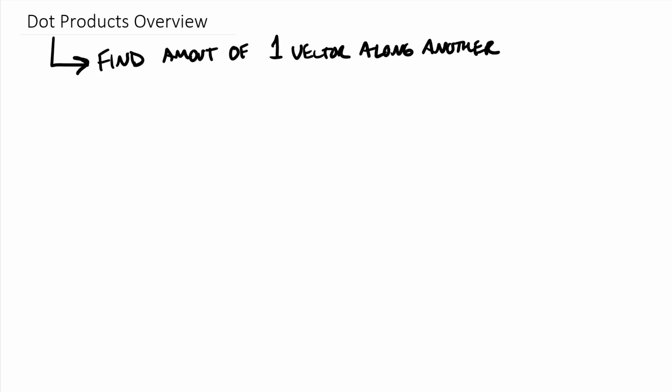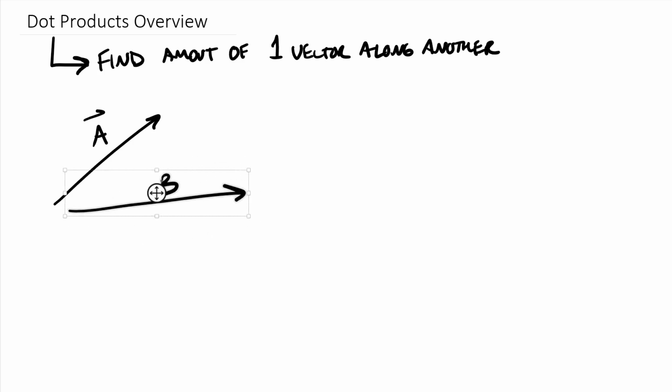And so if we have a couple of vectors, let's say we have vector A and vector B. Now, if we're going to take a dot product of these vectors, it's useful to actually move them tail to tail. Okay, so let me go ahead and move these guys here. I'm going to put them here tail to tail. And then we can also measure this angle between them, call it angle theta.